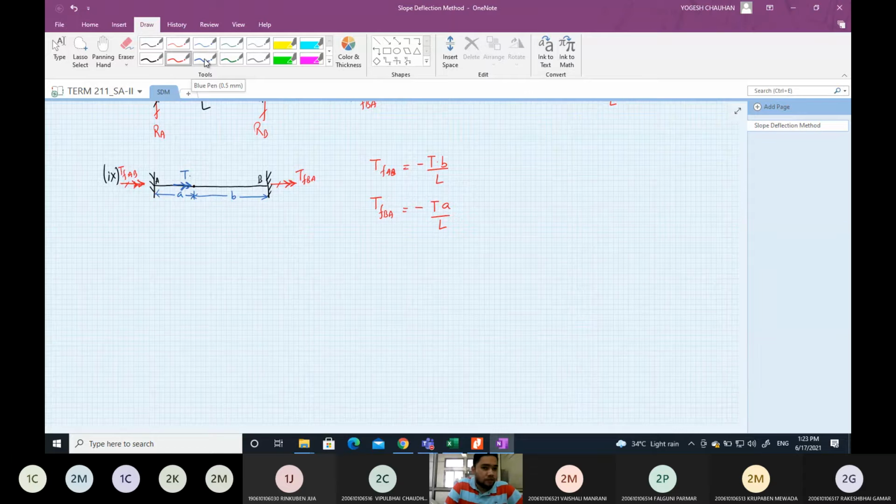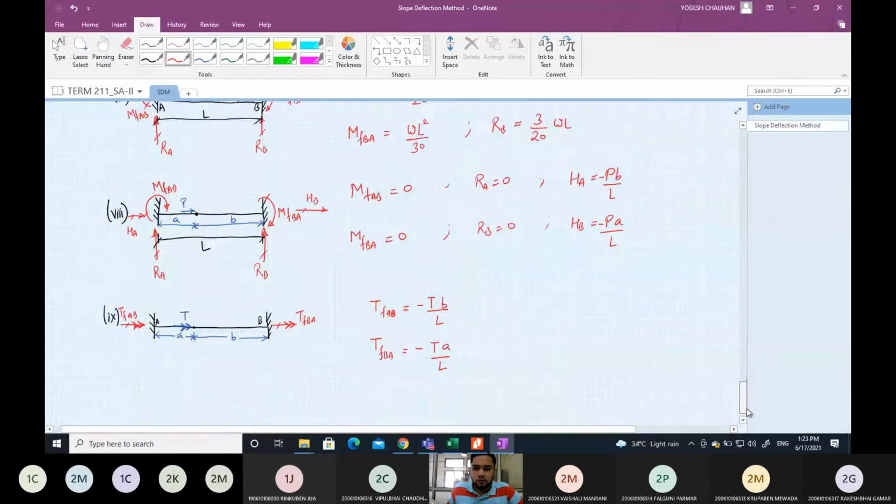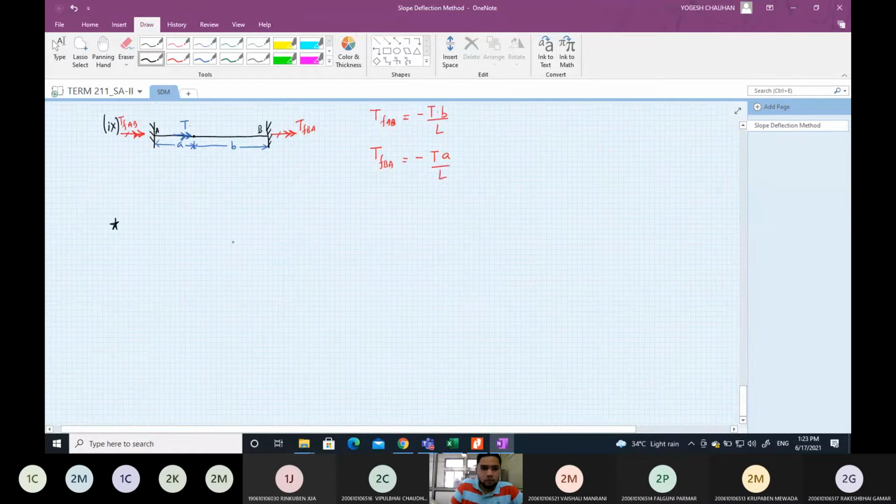Next is the support constraints and restraints.